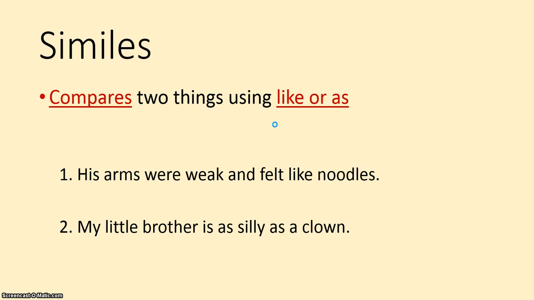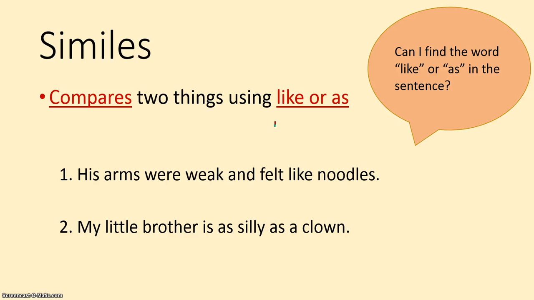Similes compare two things using like or as. Can you find the similes in the simple sentences? Let's read the first sentence together. His arms were weak and felt like noodles. Can you find the word like or as in the sentence? Let's circle it.